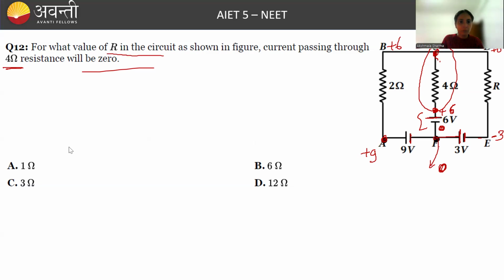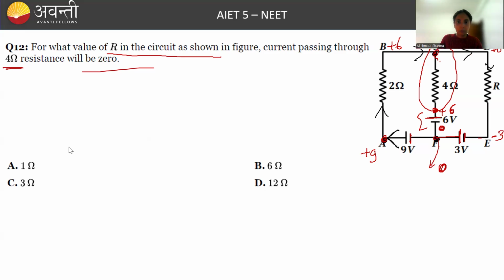Then for what value of R in the circuit? We have to find the value of R for which the current flowing through 4 ohm is 0. So what will be the value of R? Just see here. If there is no current going through 4 ohm, it means suppose 9 volt is driving the current in the circuit. So from 9 volt the current will come like this, and it won't go to the 4 ohm.